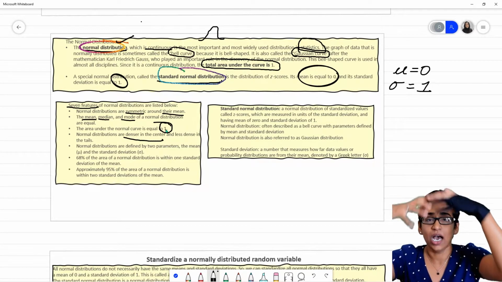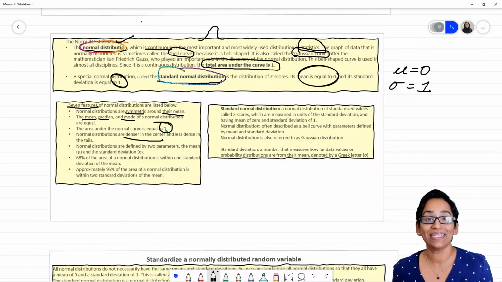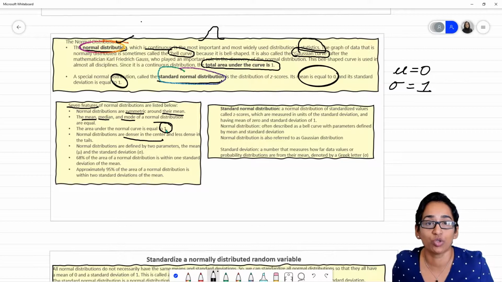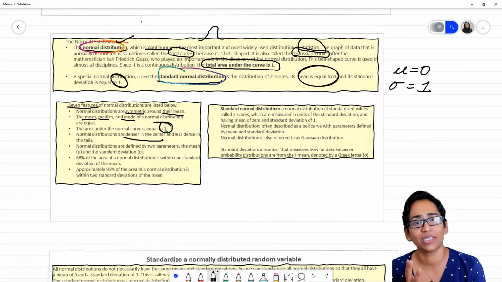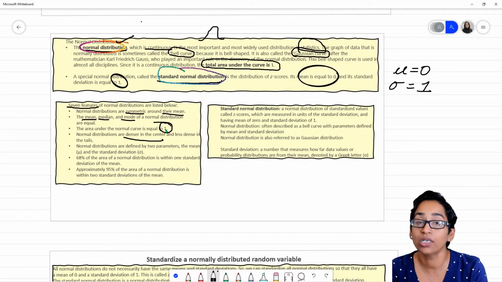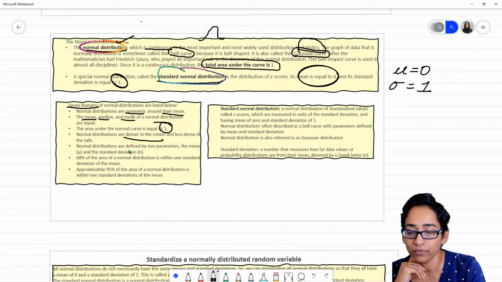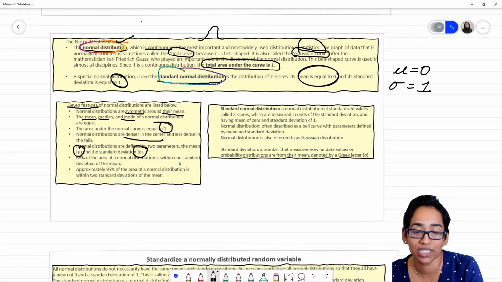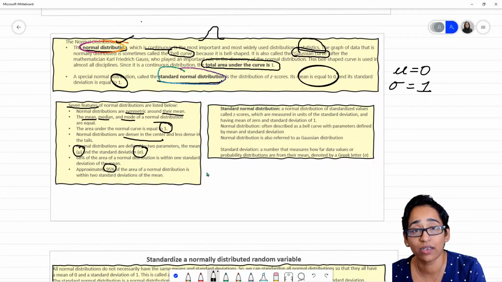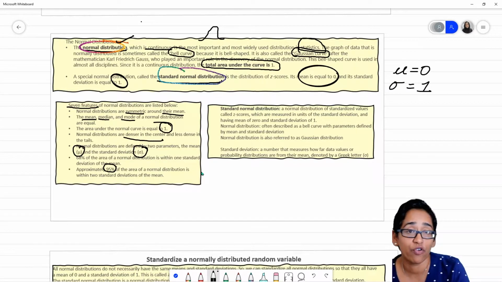So as you can see, I have my entire data accumulated in the center, and as I go towards the tails, the data becomes less and less dense, because usually the majority of the data is very close to the average, unless they are outliers. All right, normal distribution has 2 most important parameters, your mean and your standard deviation. 68% of the area of a normal distribution is within 1 standard deviation, and 95% is within 2 standard deviations. We're going to talk about this in a minute, but for now, this is what it is.